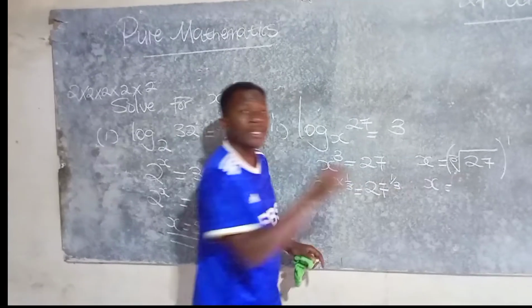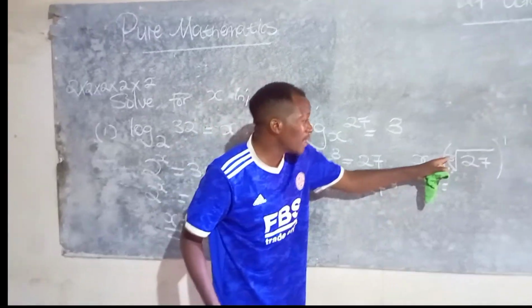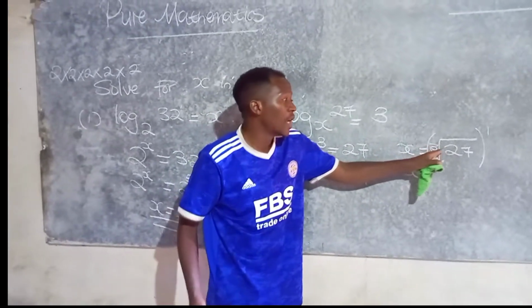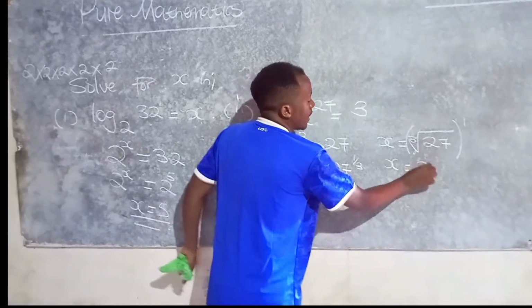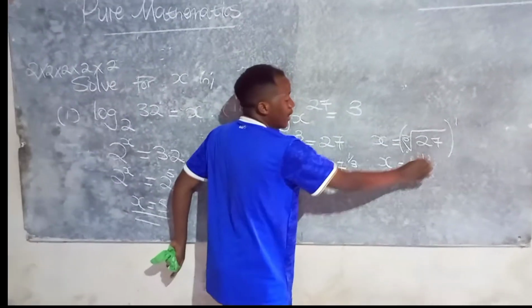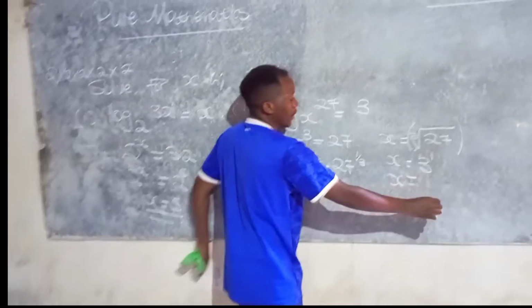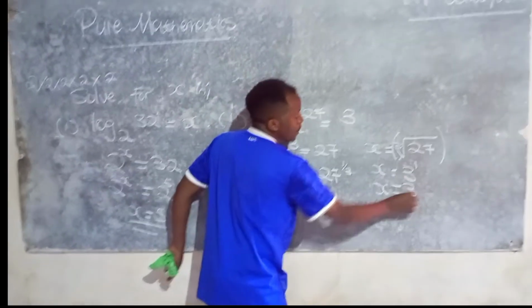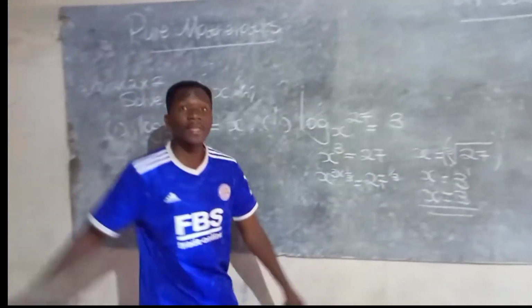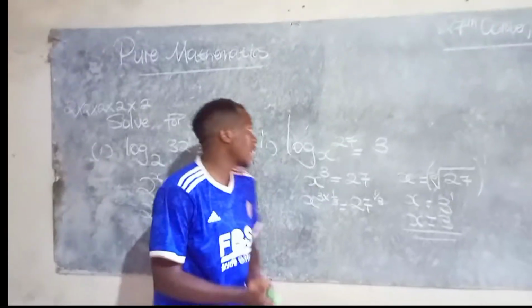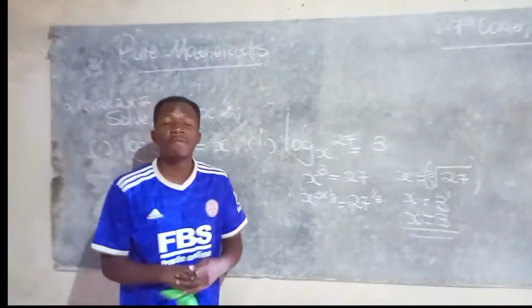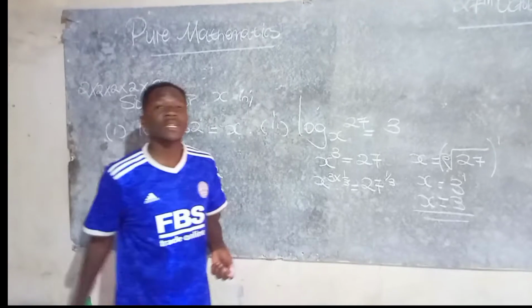Upon reaching this point, it simply means what number can you multiply 3 times to get 27? In this case, the answer is 3. But there is power 1 outside. So x is equal to 3 to the power 1, which is 3 itself. Having done that, we've solved such kind of problems that involve logarithmic functions.